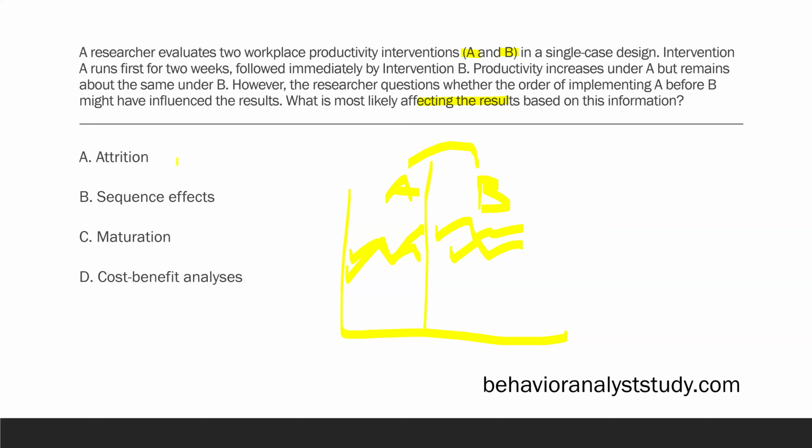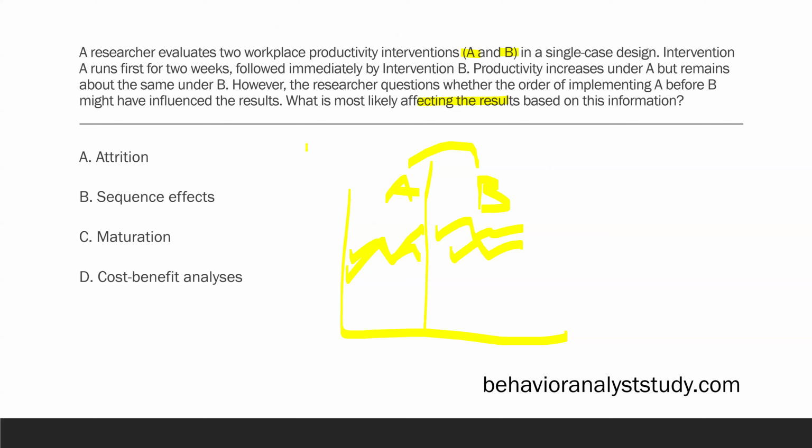A, attrition. Attrition means dropout. It's when you are losing participants in your study. That is not what is happening here. Attrition is not what we're concerned with, given what we know. B, sequence effects. Sequence effects is exactly what we're describing here. The sequence of the conditions are affecting one another or might be affecting one another.